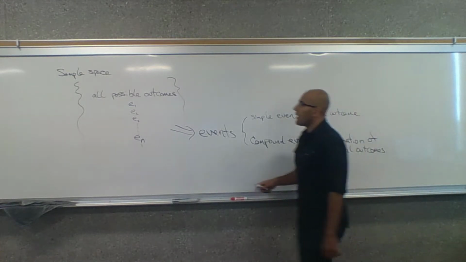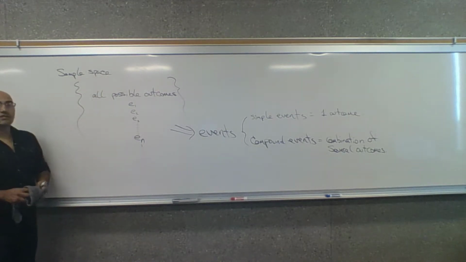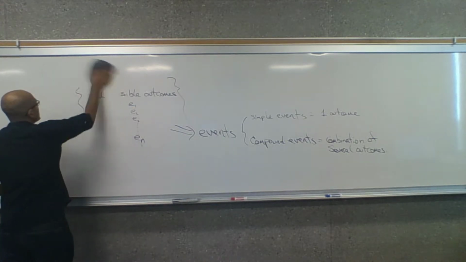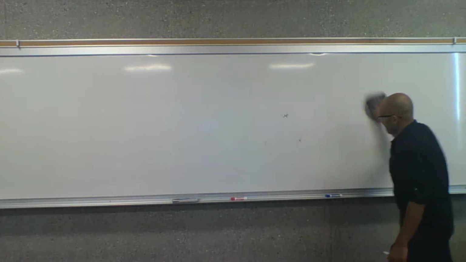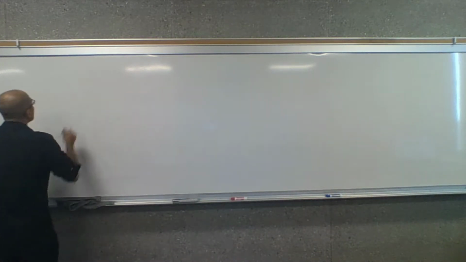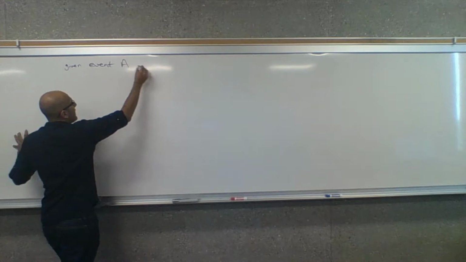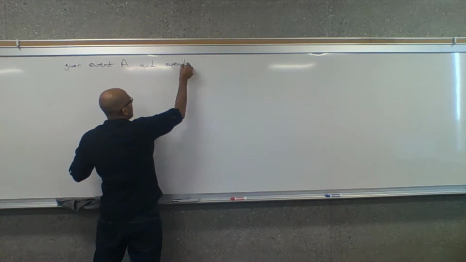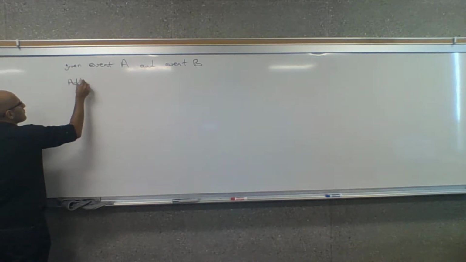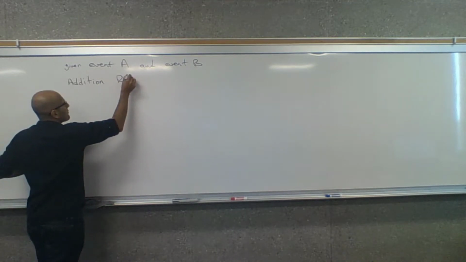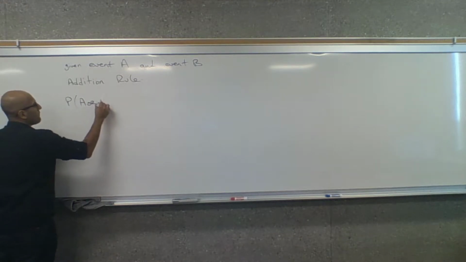Okay, once we identify our experiment, our sample space, and our events, then we want to try and find probabilities. So the first rule we found was the addition rule for probabilities. Given event A and event B, the addition rule involves the OR statement, so the probability that A or B happens.